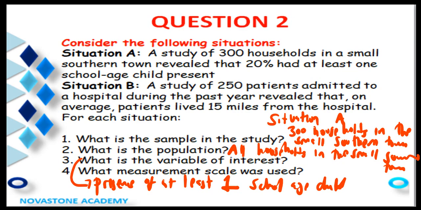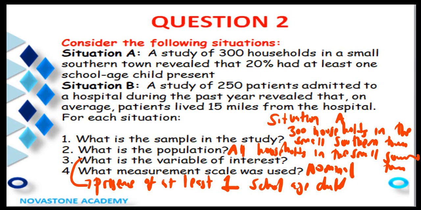The answer you are going to get is yes or no, or presence or absence. Because you're trying to find whether it's yes or no, this will be nominal, so it will be categorical. You're just going to be categorizing. There's nothing like yes is better than no. So in this case it will be nominal.